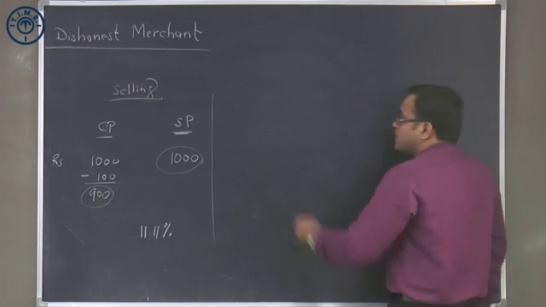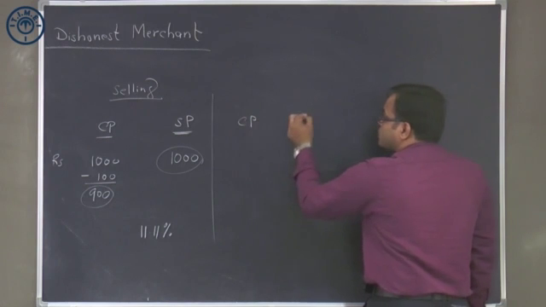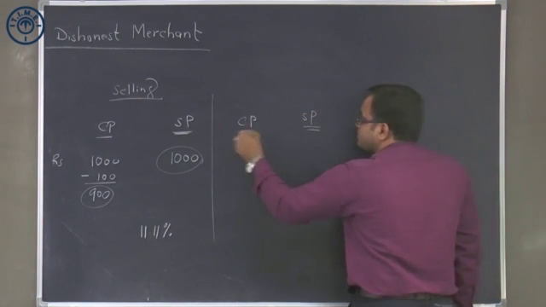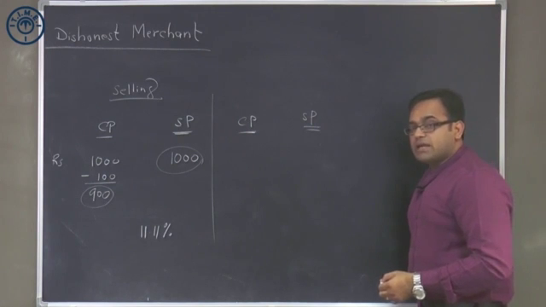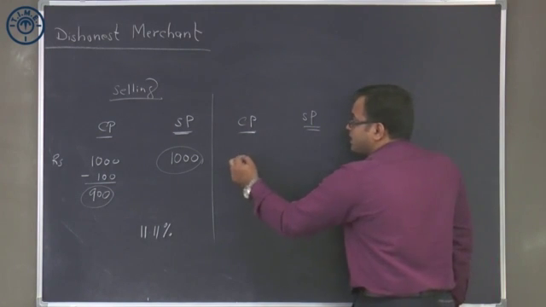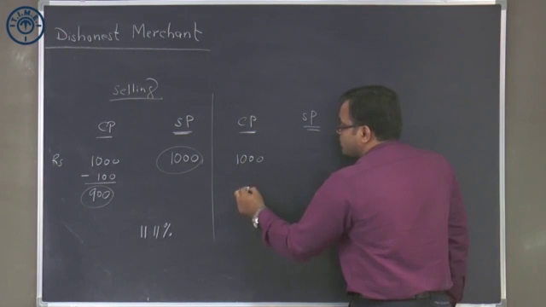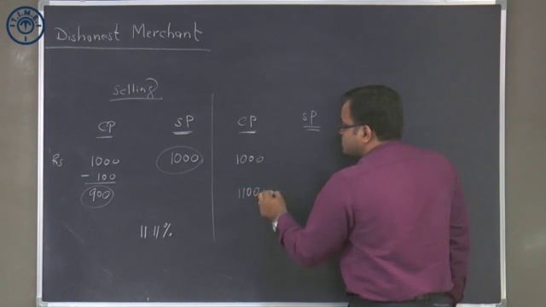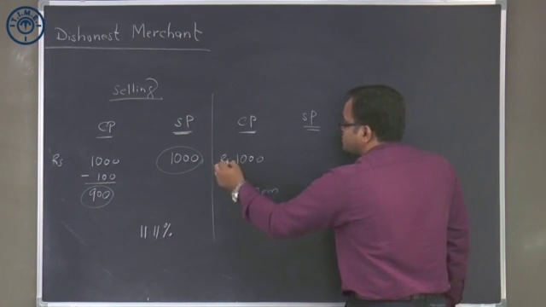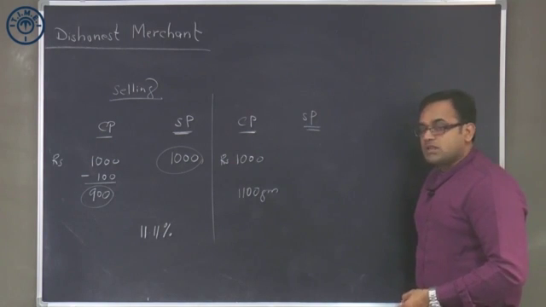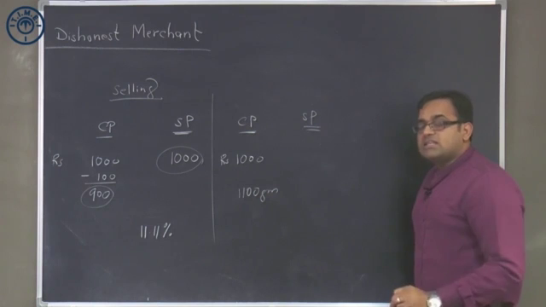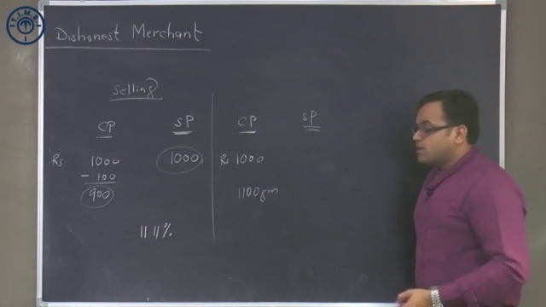So now, for every 1000 grams that he is buying, he is stealing another 100 grams. So he is getting 1100 grams for 1000 rupees. When he sells it, let us say he is selling at cost price, what will be his profit?